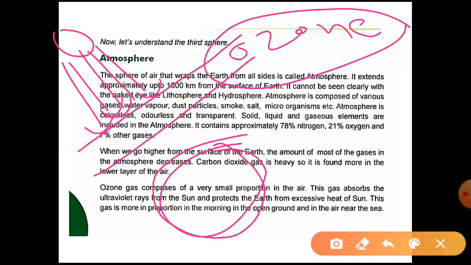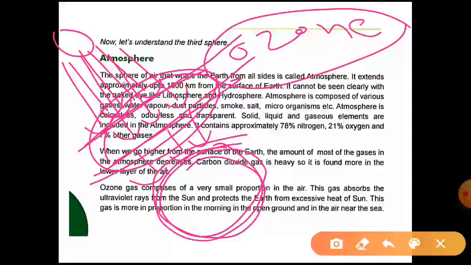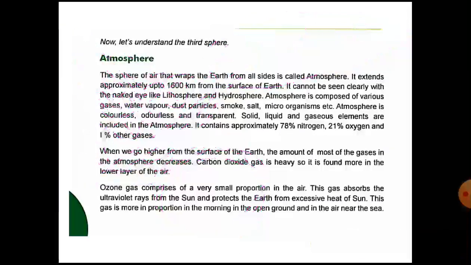It will absorb all these ultraviolet rays, and whatever sun rays we need, we are receiving, because of this ozone layer. It protects the earth from the excessive heat of the sun.